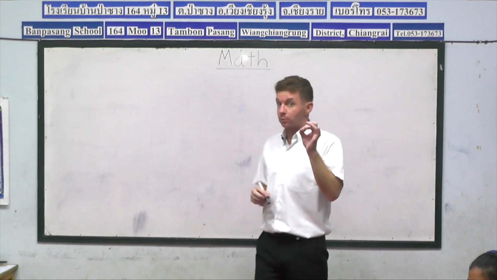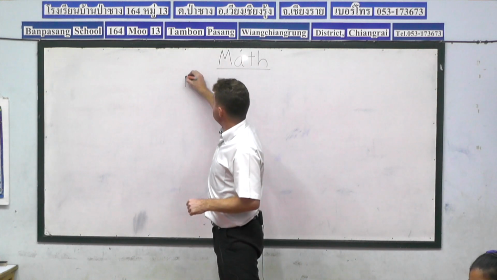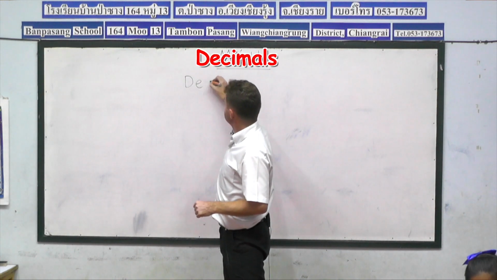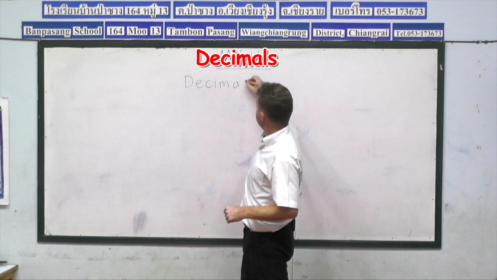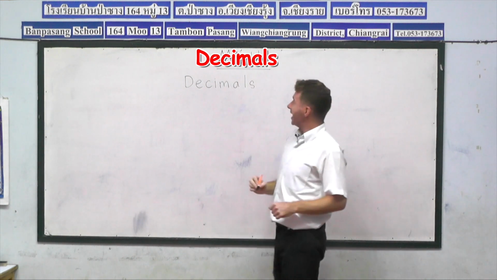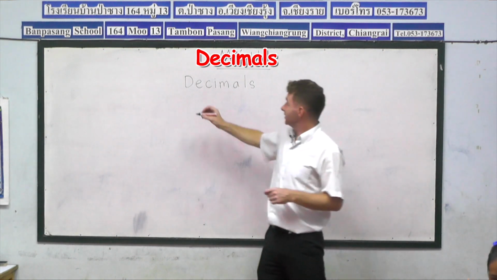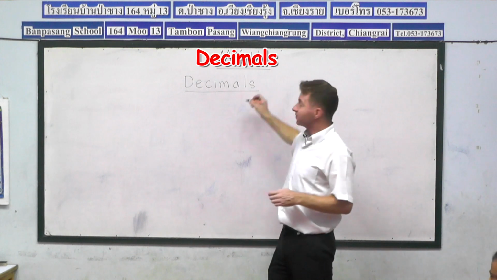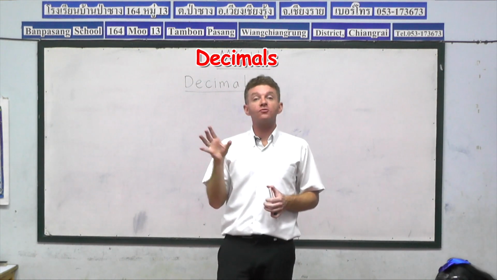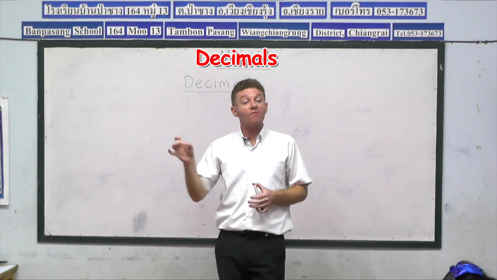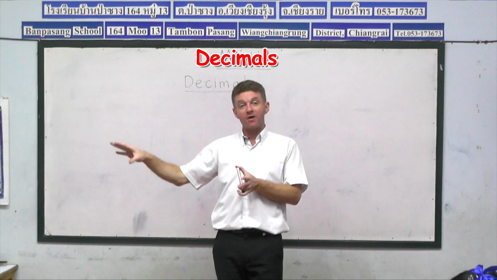So what we'll do, we'll write the word decimals on the board. D, E, C, I, M, A, L, S. So all together, guys, decimals. Yes. Now what decimals mean is they're similar to fractions. They also mean part of a whole. Remember when fractions were represented as part of a whole?